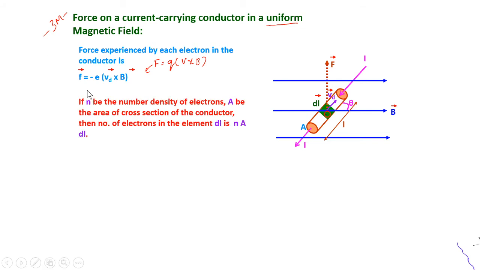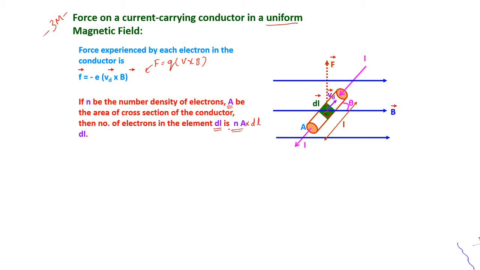If n is the number density of electrons, number density means number of electrons per unit volume, and A is the area of cross section, and L is the length of the conductor, then the number of electrons in length dl is nA dl. nA dl is the total number of electrons present in this particular length element dl.